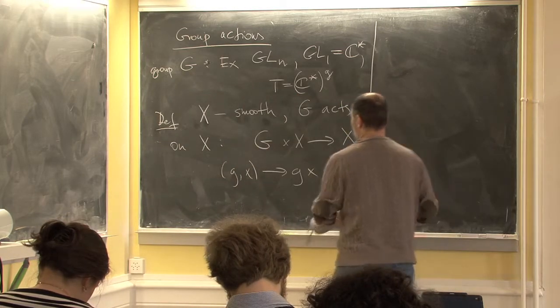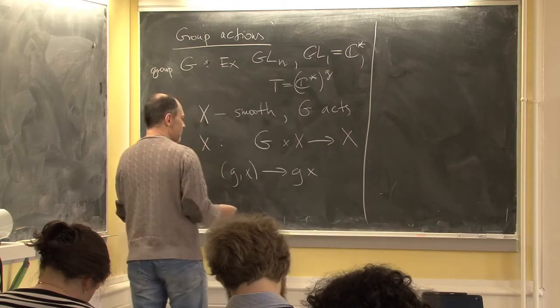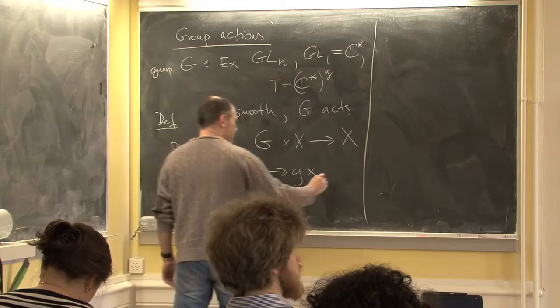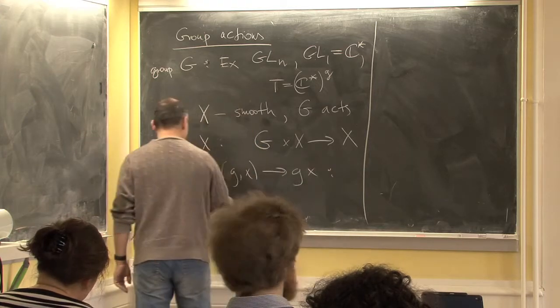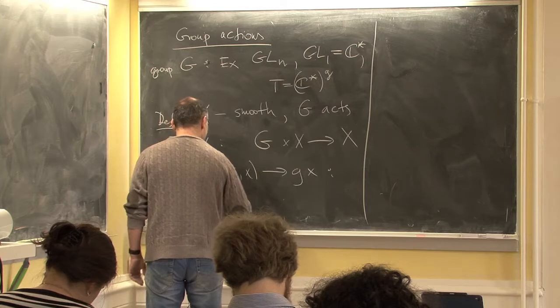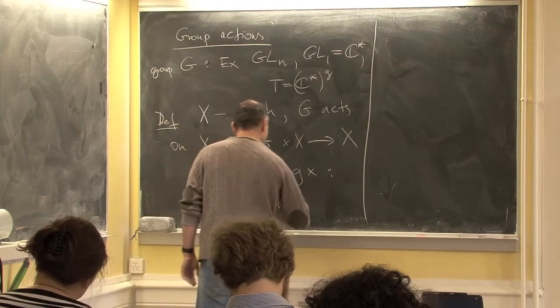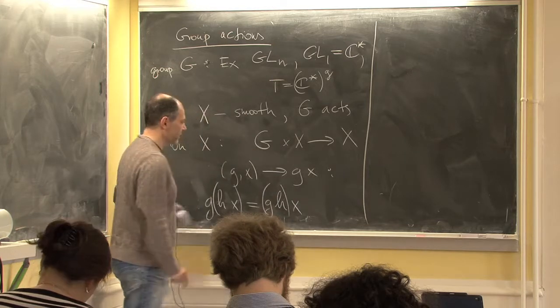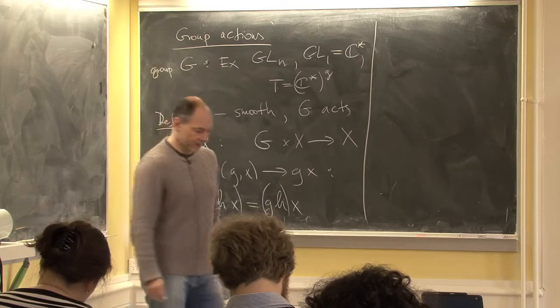And the basic thing you need is the associativity. So the property is that (gh)x equals g(hx), right? So that's what an action is. Okay.